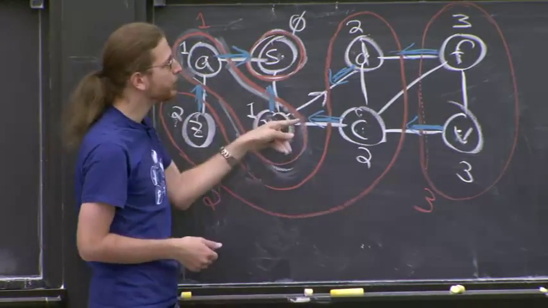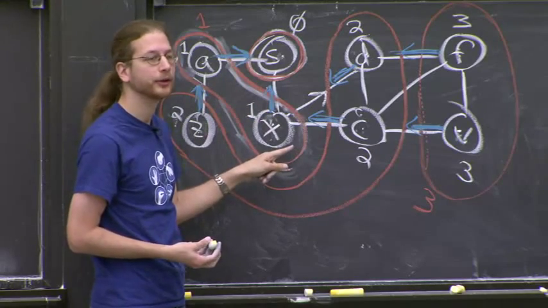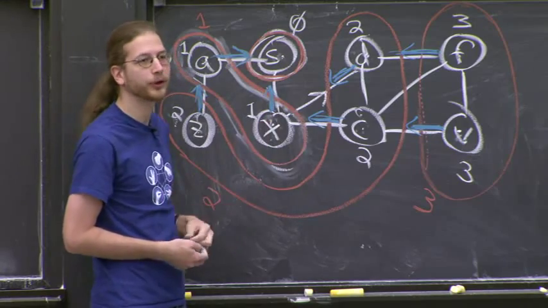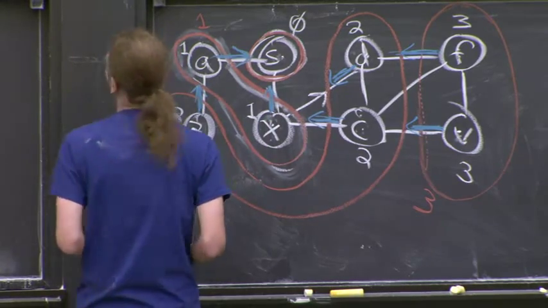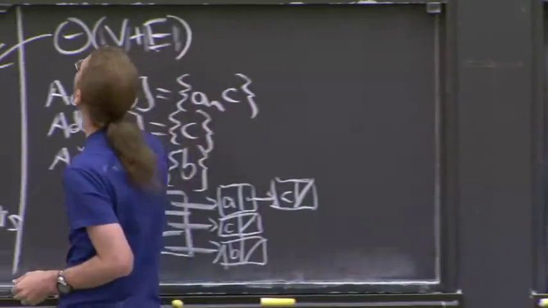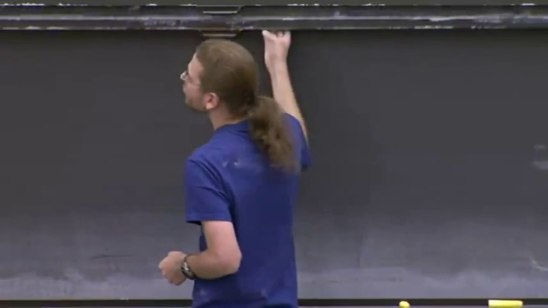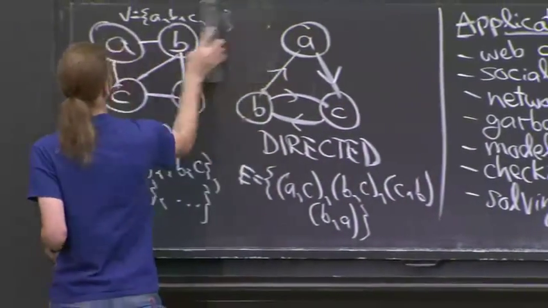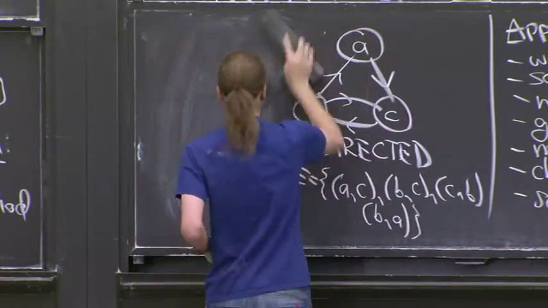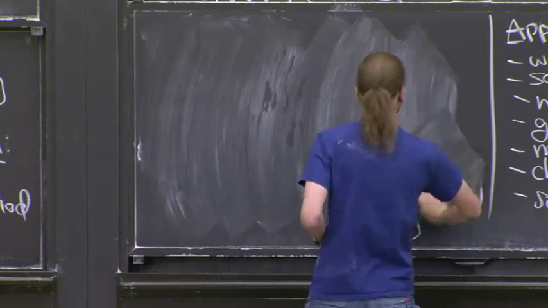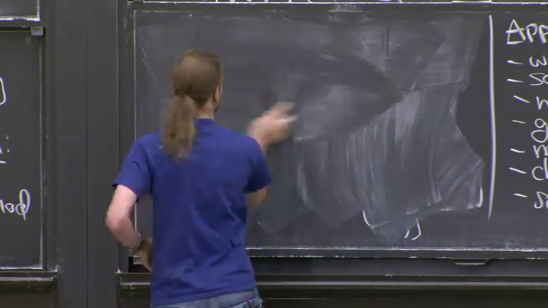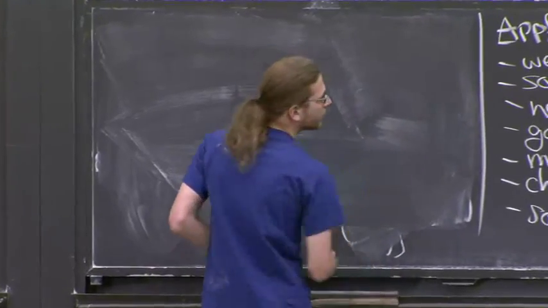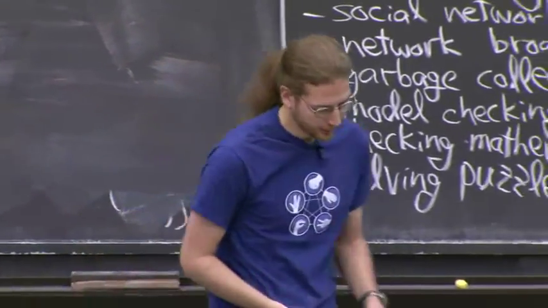In fact, these pointers always form a tree. And the root of the tree is S. In fact, these pointers form what are called shortest paths. Let me write down a little bit about this. Shortest path properties.